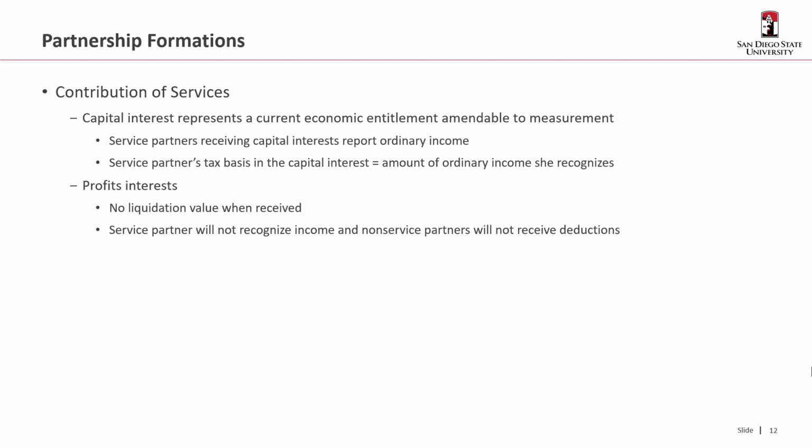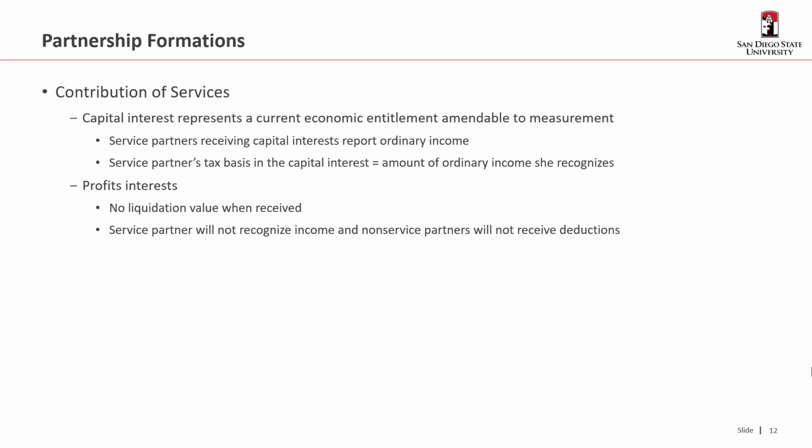So if there's a partner that contributes services, so typically, again, contribution of services does not result in a capital interest. It often results in only a profits interest. But remember that a capital interest represents an economic entitlement that is amenable to measurement. So what that means is you're getting some future cash flow that you should be able to estimate.